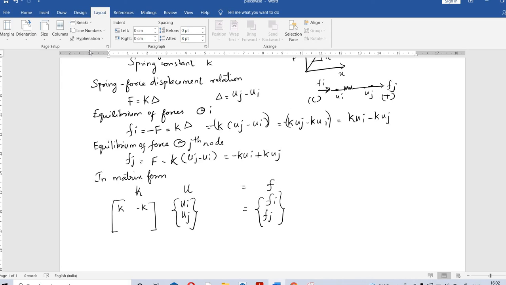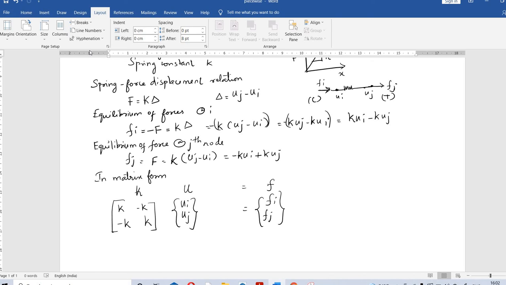So you will get the first equation for the corresponding force Fi. In the same manner, we put the coefficients of Ui and Uj from the second equation. The coefficient of Ui is minus K. The coefficient of Uj is plus K. If you multiply with this column, you get minus Kui plus Kuj, which is equal to Fj. So this is the matrix format.